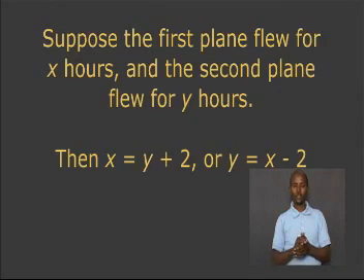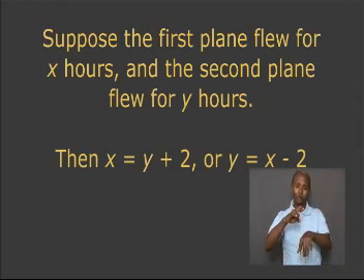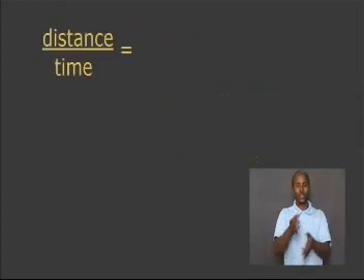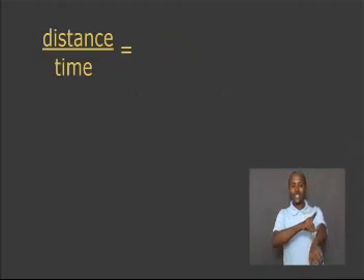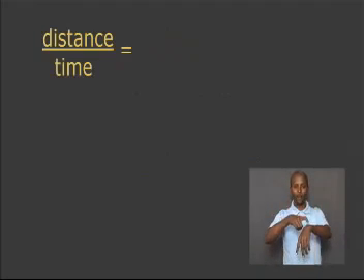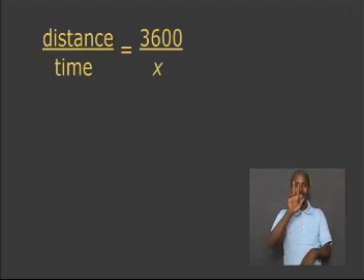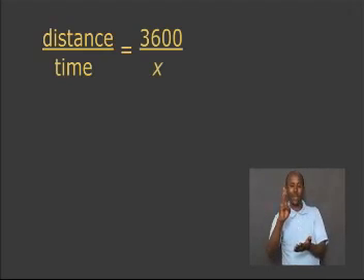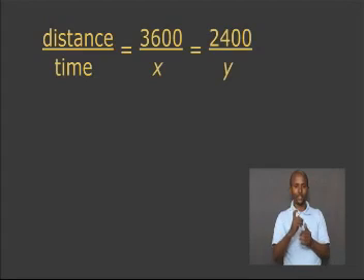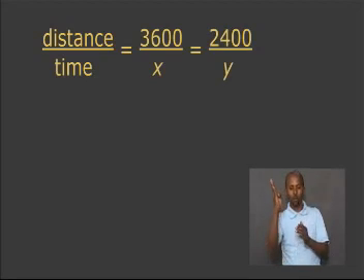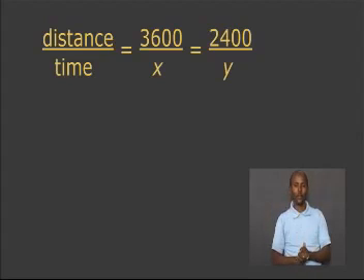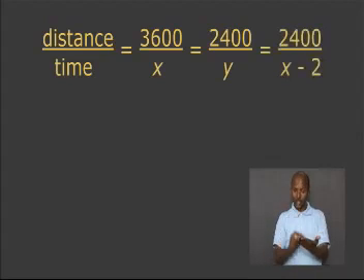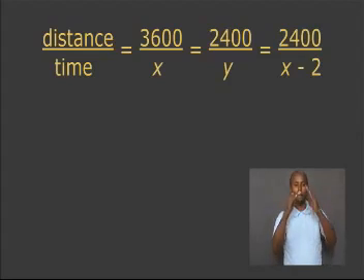Since they flew at the same rate, which is expressed by distance over time, we find that 3,600 over X equals 2,400 over Y. This equals 2,400 over x minus 2.